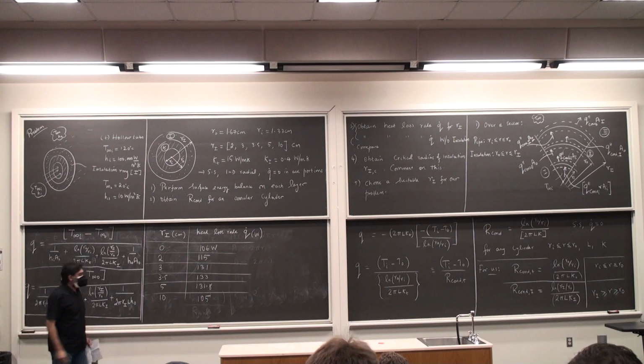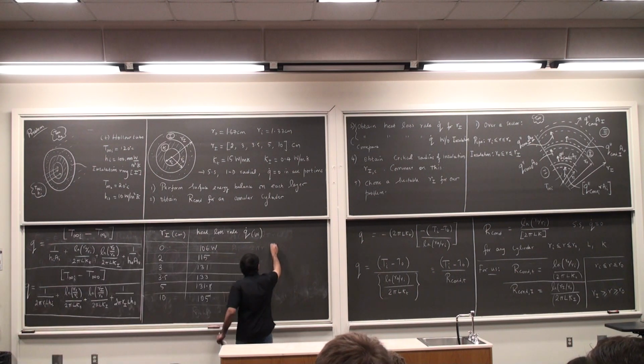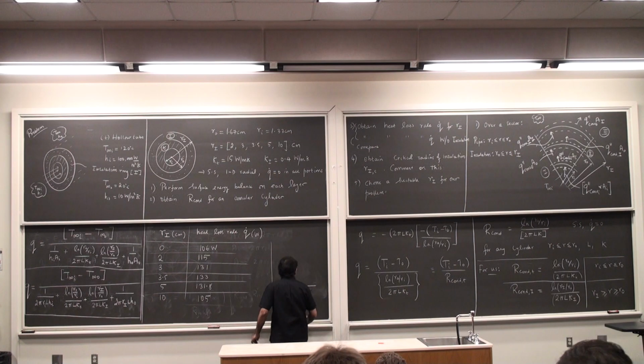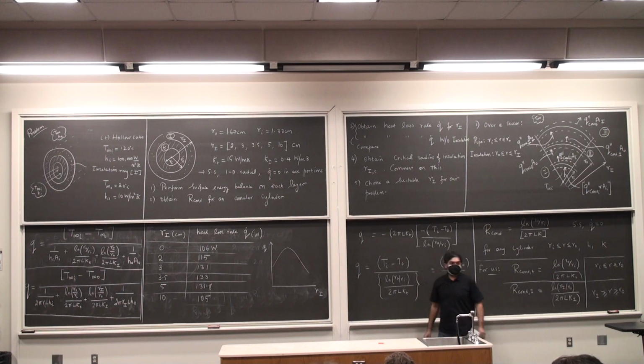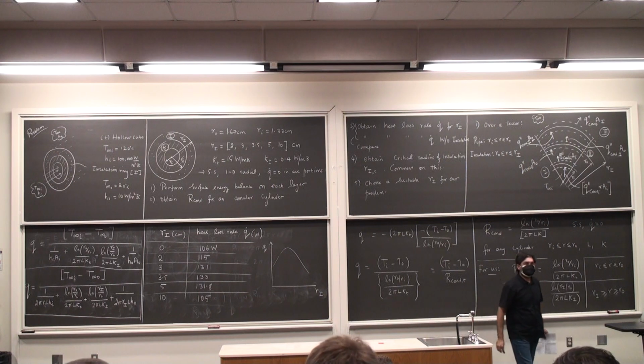And so if I just plot this, this is Ri, this is Q. My plot is going to look something of the following sort.